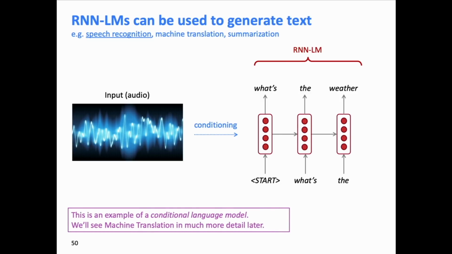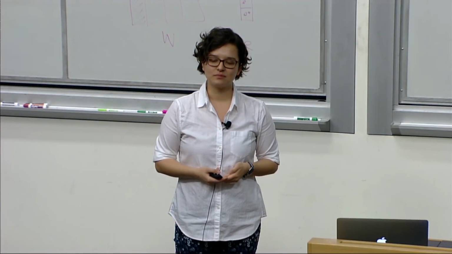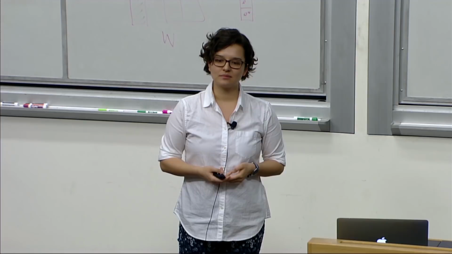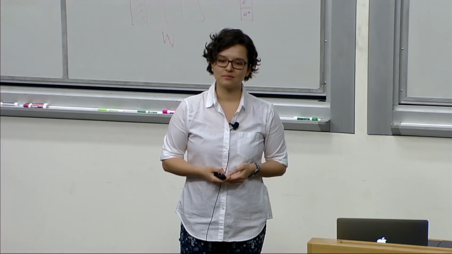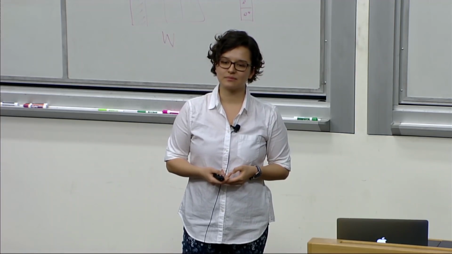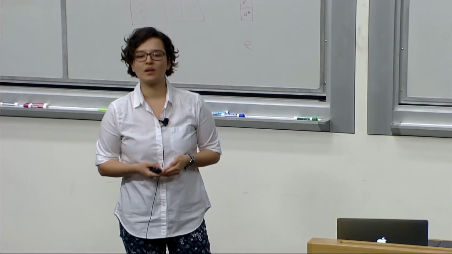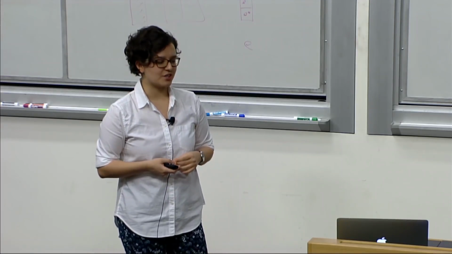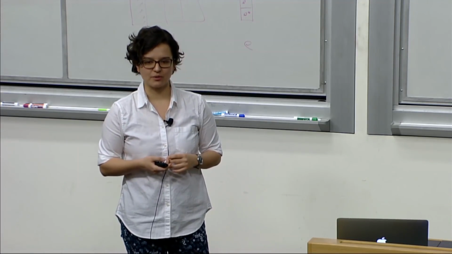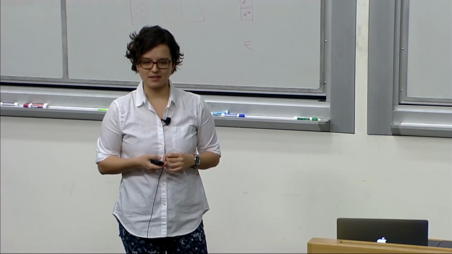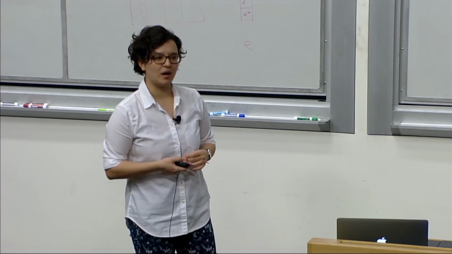Yeah? In speech recognition, we often use the word error rate to evaluate. Is it possible to still use perplexity? So the question is, in speech recognition, we often use word error rate to evaluate, but would you use perplexity to evaluate? I don't actually know much about that.